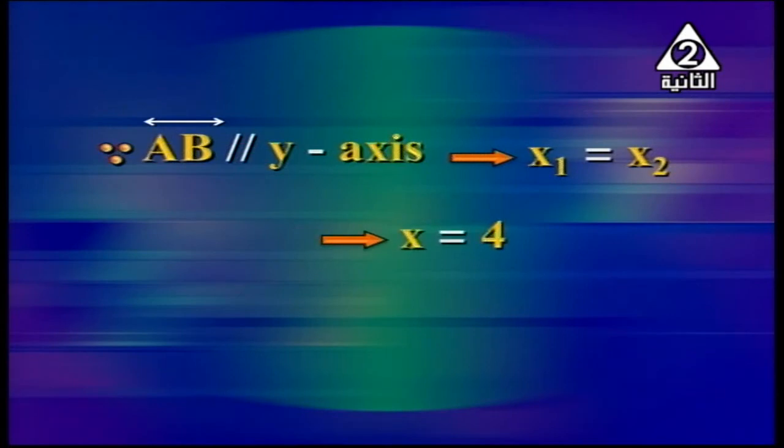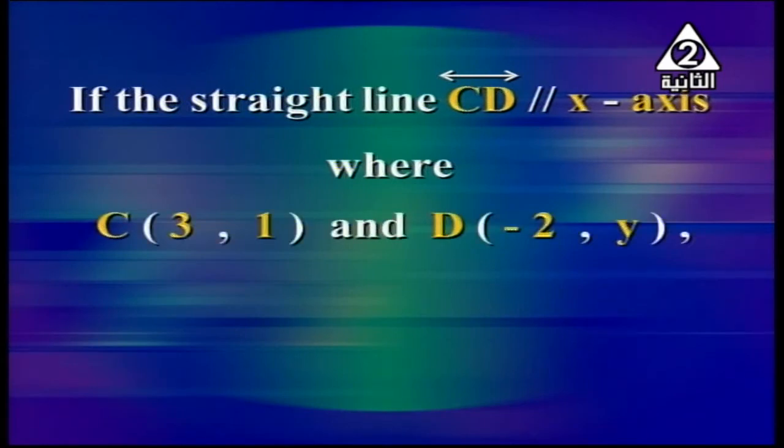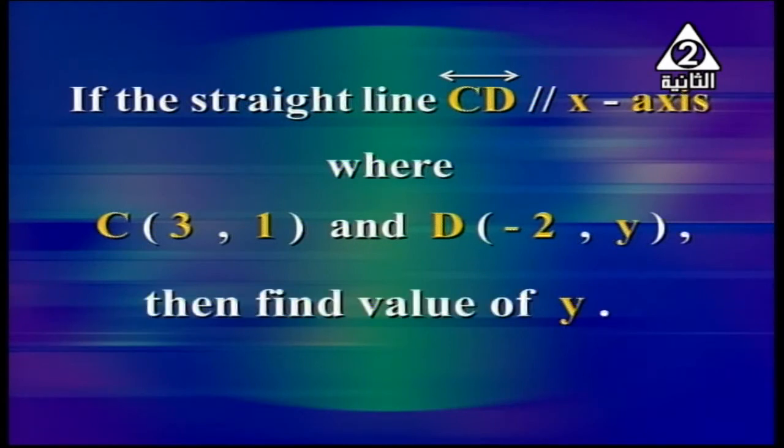Let us have another example. If the straight line CD is parallel to the x-axis, where C is (3, 1) and D is (negative 2, y), then find the value of y.